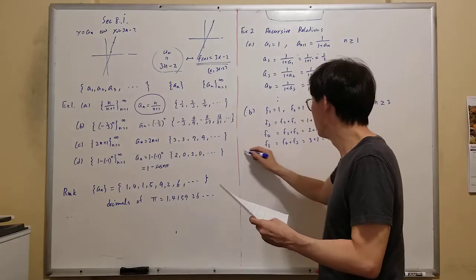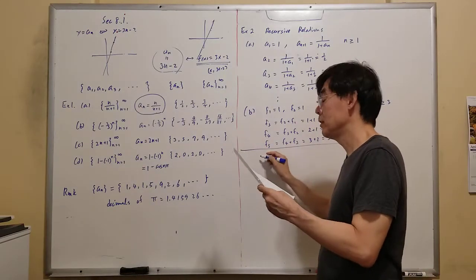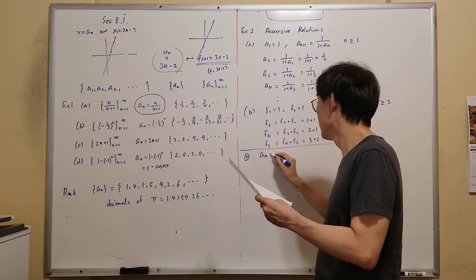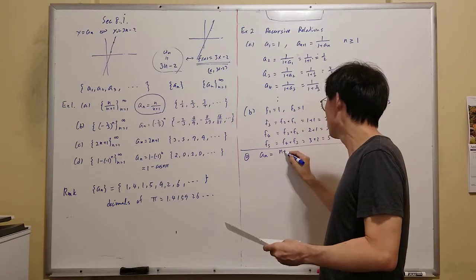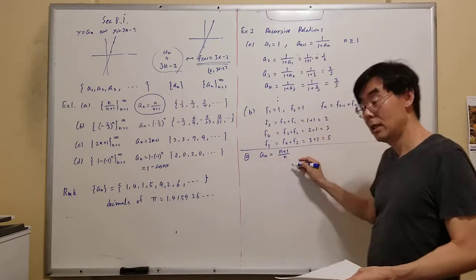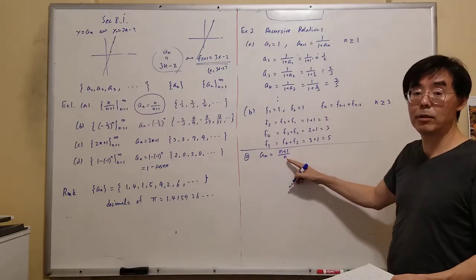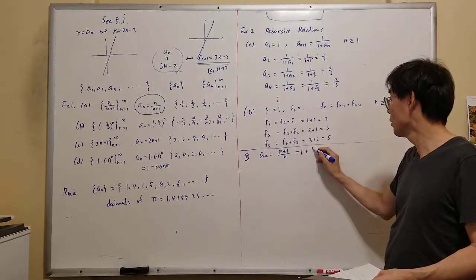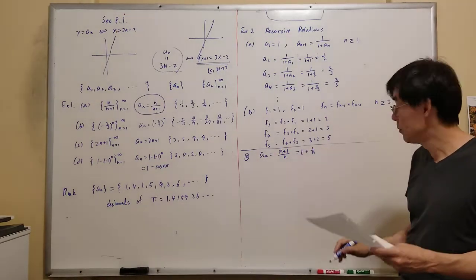Think about the graph of this sequence, n plus 1 over n. If you split it, n over n plus 1 over n, you can write 1 plus 1 over n.